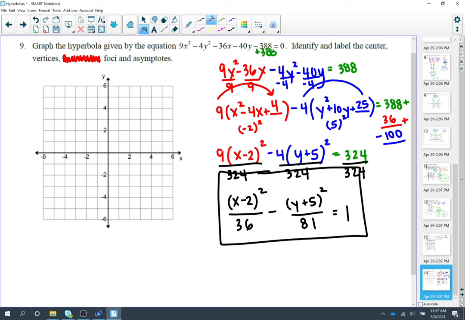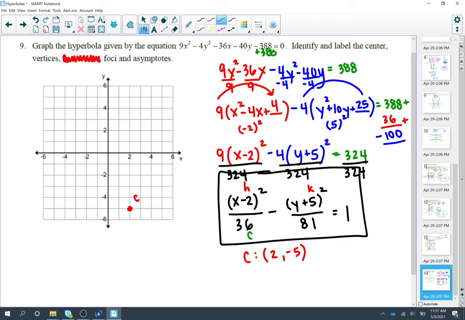Now, the first thing I'm going to focus on is the center. So the center is my H, K. H is right here, K is right here, so I know my center is at 2, negative 5. Then I can go look at my A value.